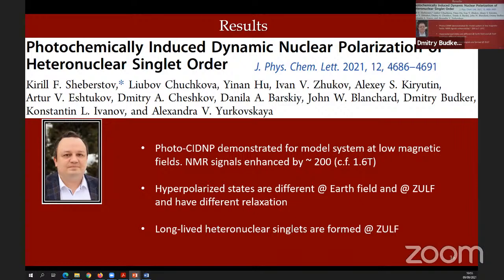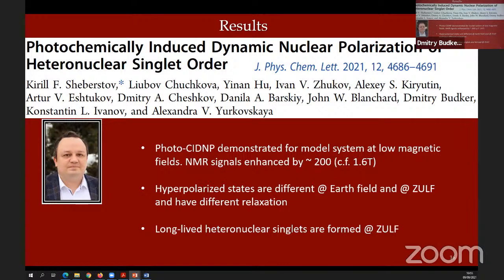The result of this paper is that we demonstrate significant enhancement of NMR signals. You see, normally when you work with NMR at a finite field, nuclei have different magnetic moments, and so you cannot, for example, form singlets out of nuclei that have different gyromagnetic ratios, because they precess at very different frequencies.